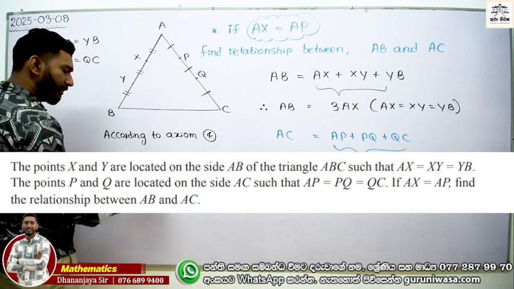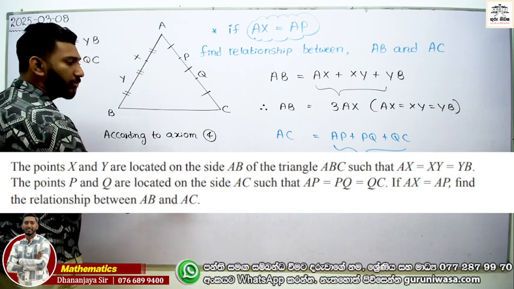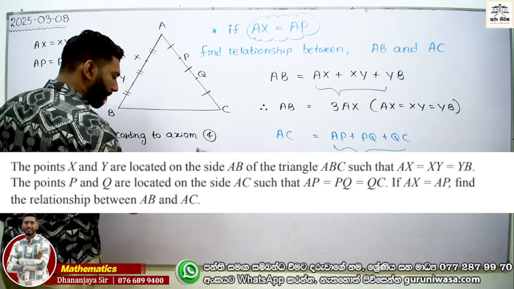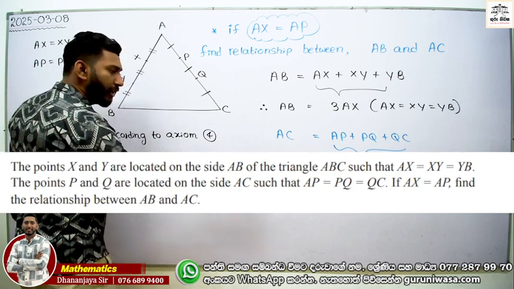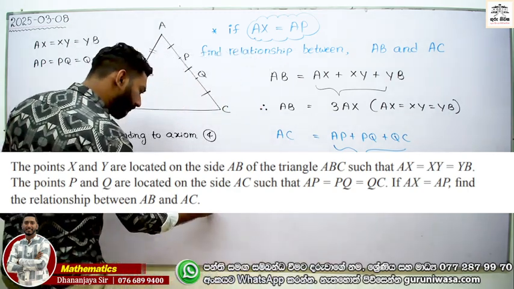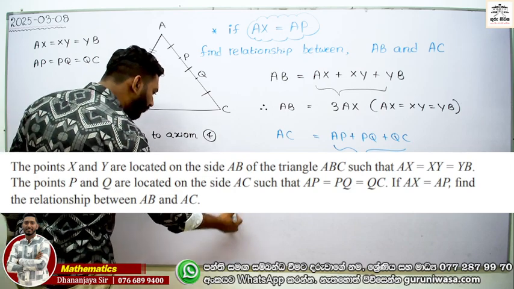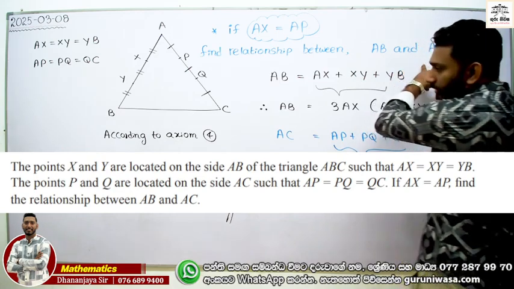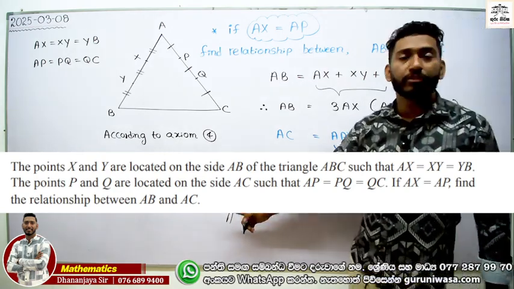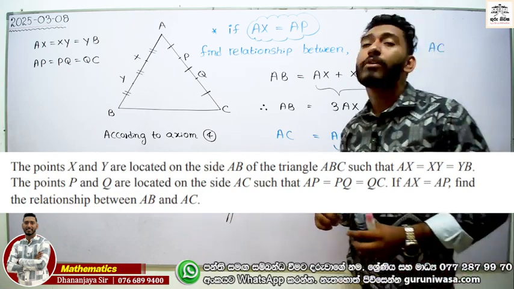Therefore, 3 times AX becomes AB, and 3 times AP, AC. Now, what is the relation between AB and AC? AB and AC are both equal according to axiom number 4, right?